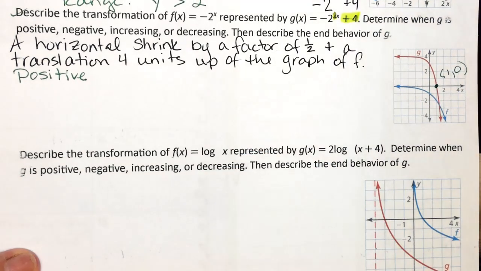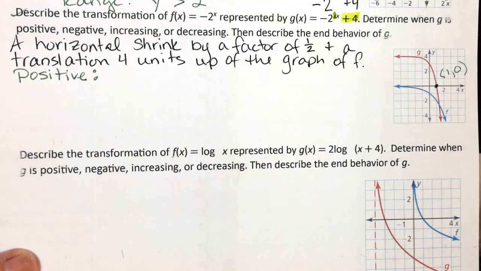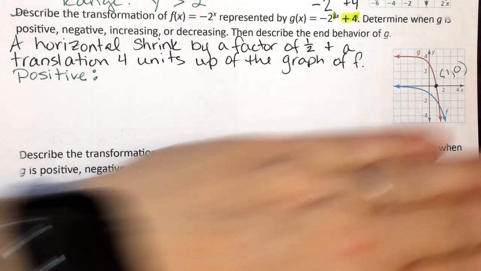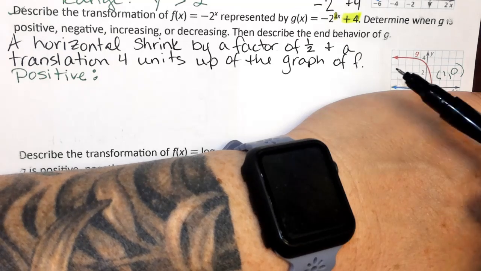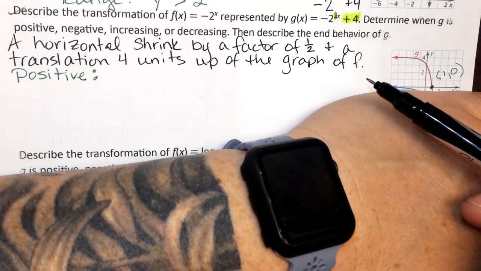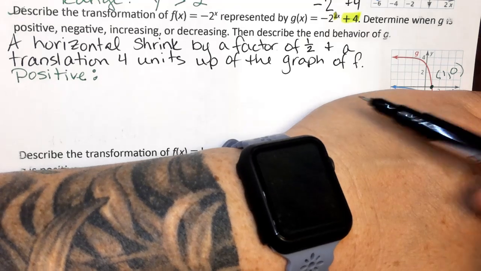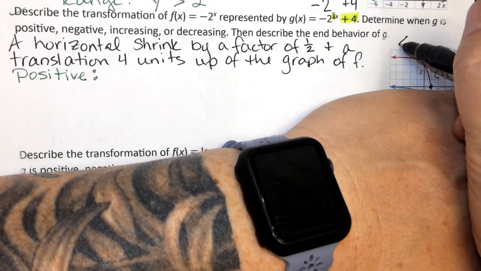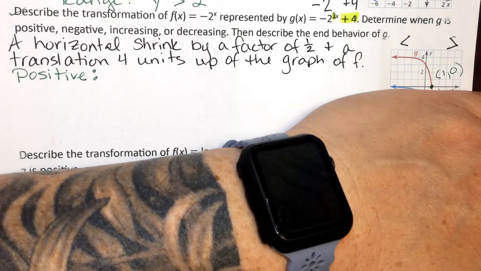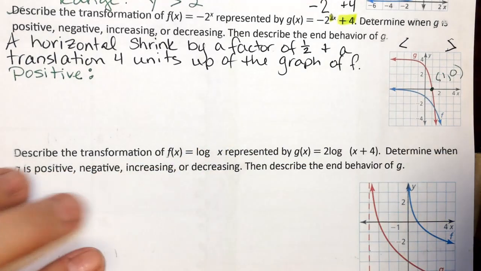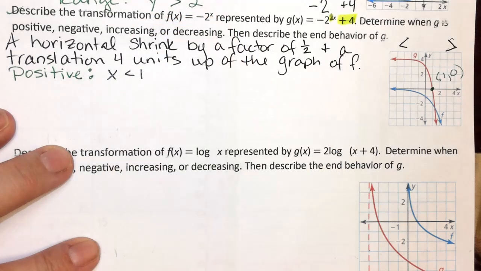When my graph is above the x-axis, my values are going to the left. What is to the left? Negative values. You could also say to the left is less than. If your values go this way, you use the less than sign. If your values go that way, you use the greater than sign. So we would say it is positive when x is less than 1.